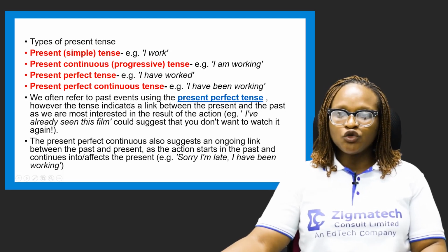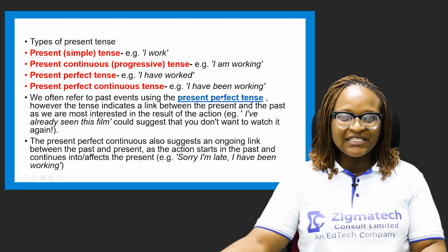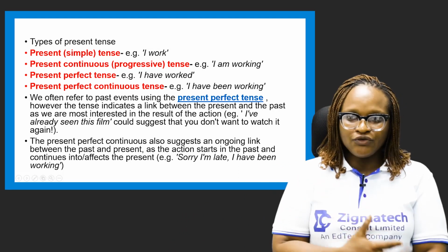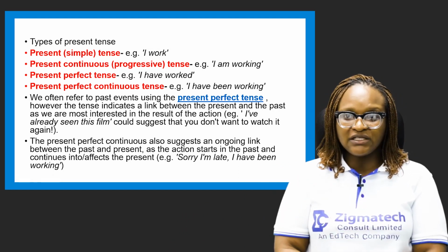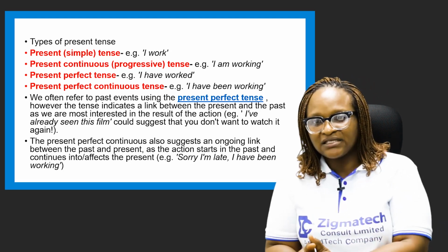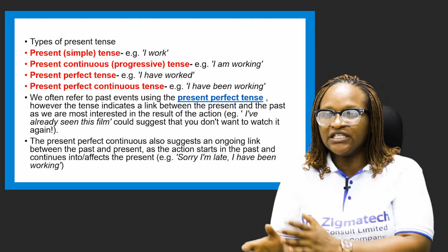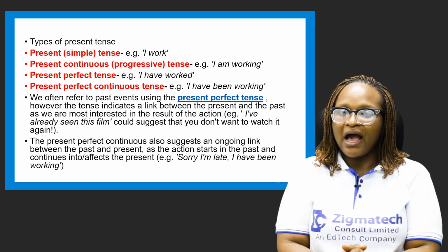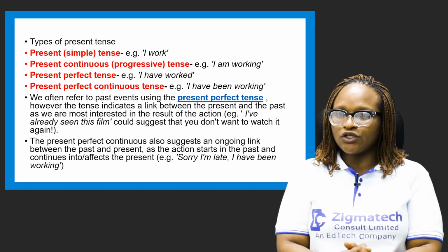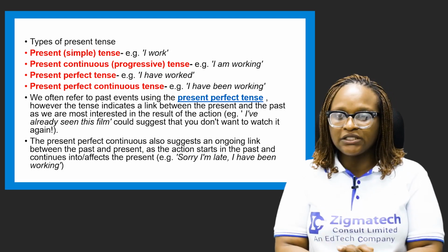We often refer to past events using the present perfect tense. However, the tense indicates a link between the present and the past, as we are most interested in the result of the action. I have already seen this film could suggest that you don't want to watch it again.